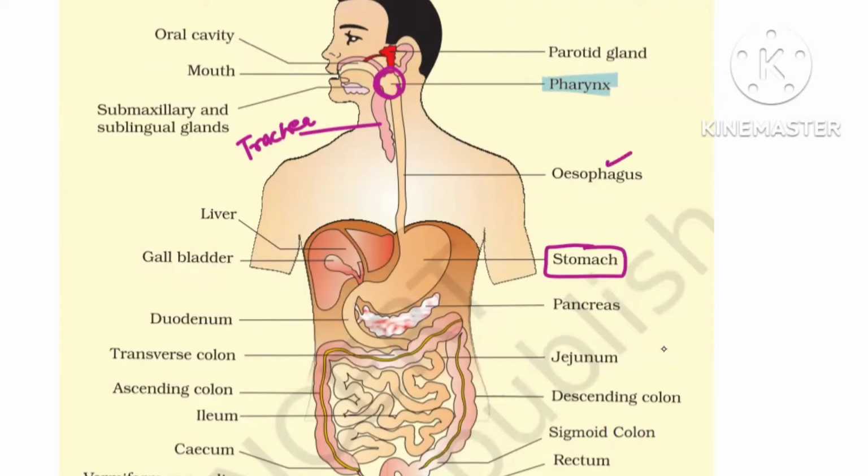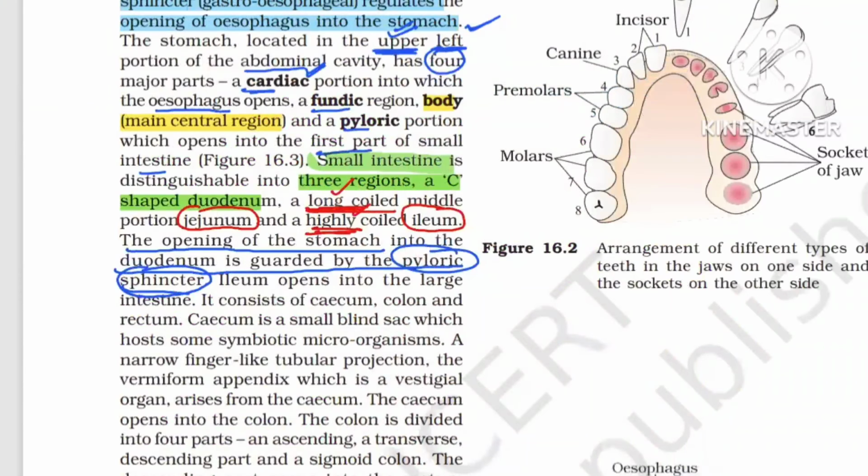Clear, beta? This C-shaped structure is duodenum. And then this is long coiled jejunum and highly coiled ileum. These are the 3 parts of the small intestine. Clear, beta? Now see next.